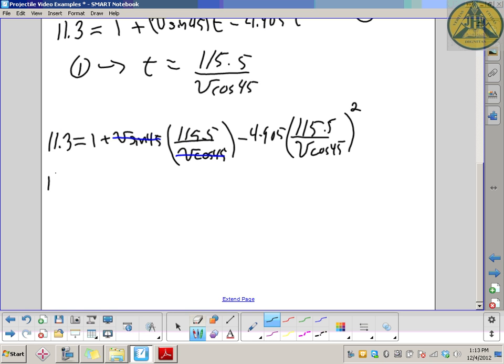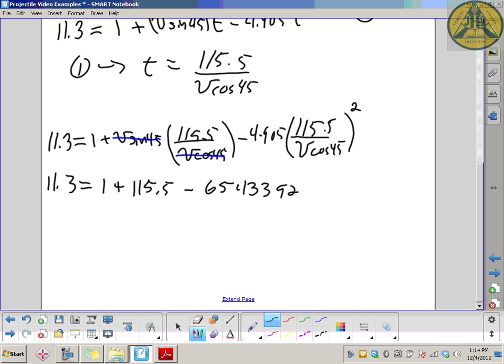On the left, 11.3 equals 1 plus 115.5, minus, let's see, 115.5 squared is like 13,000 and some, times that by 4.905 is 65,433.93.